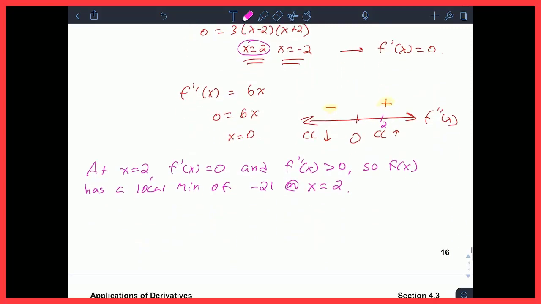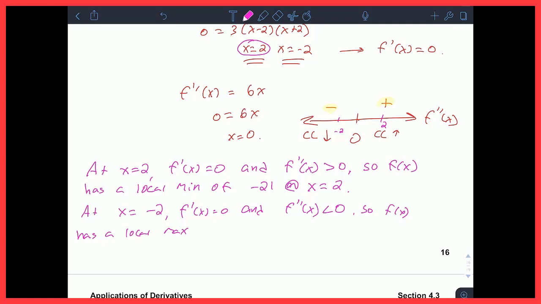And let's do another one. So at x equals negative 2, f prime of x equals 0, and f double prime of x is less than 0. Here's negative 2 right here, right? So f of x has a local maximum. Remember, if it's concave down, it looks like an upside down U. So it's a max.